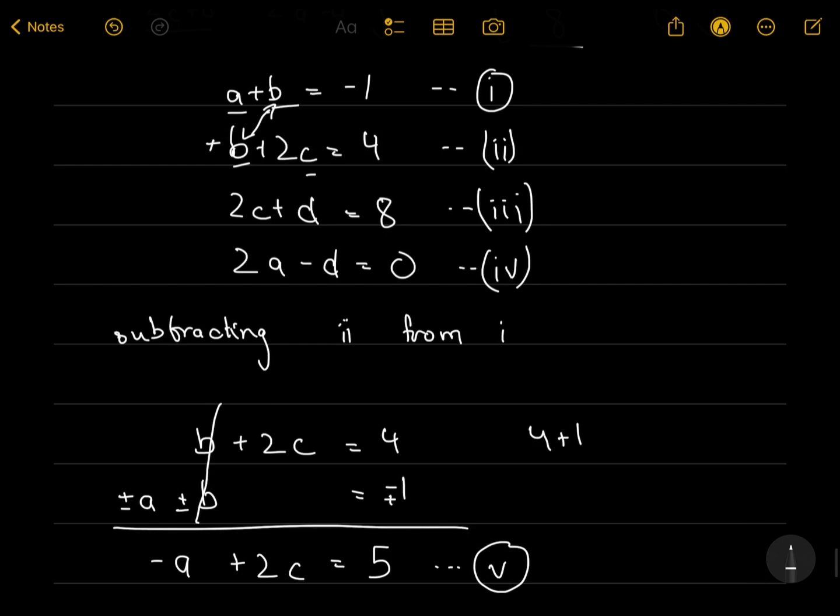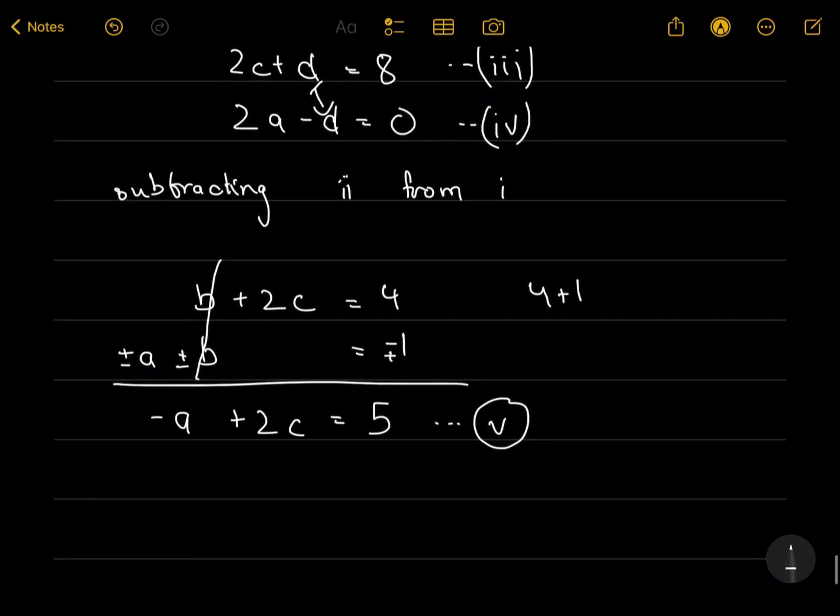Now what we do is check common variables in the third and fourth equation. So that's D and D. We can cancel this D because the signs are not equal, so we just add them.